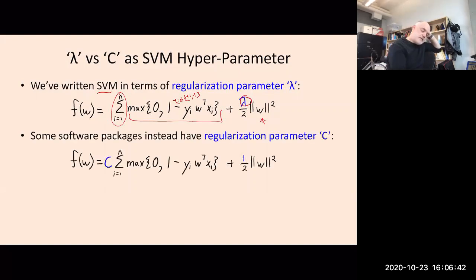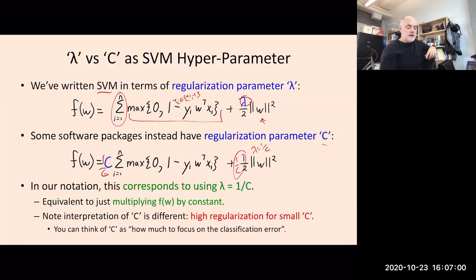Some software packages actually use a regularization parameter C, which lives out here. It's worth noting that if you multiply through by 1/C on both sides and identify lambda equals 1/C, this is the same thing, but the meaning of the parameter in some of the support vector machine literature changes. If you let C go to 0, then all you have is a regularizer.